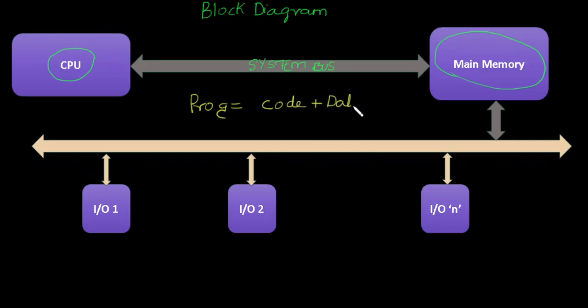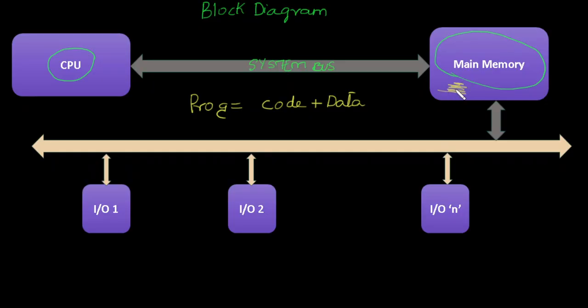Irrespective of the programming language, any program contains only two components called code and data. Code is executed by the processor and hence we are interested in the processor. Data gets created in the main memory. So friends, data gets created here.